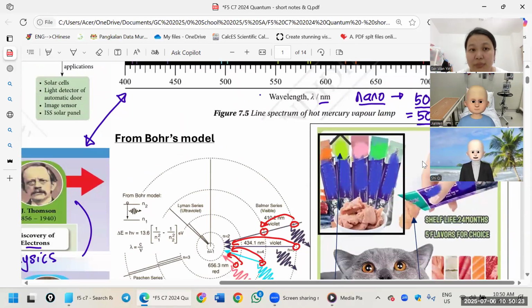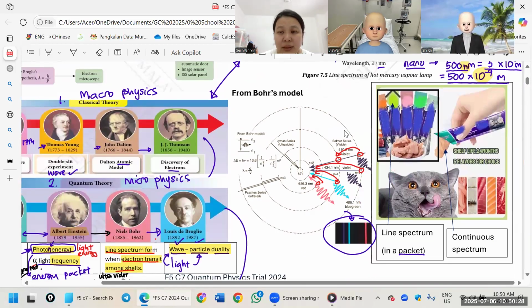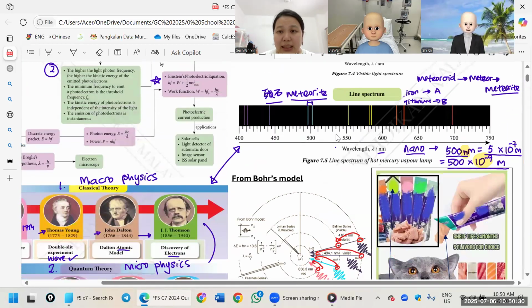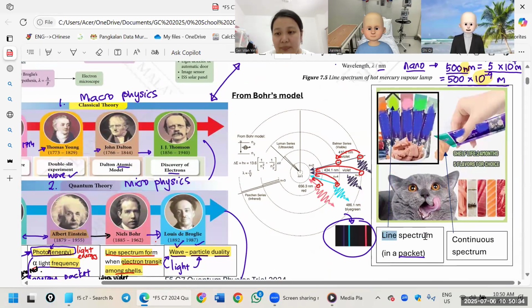Now we come to what an energy packet is. The light spectrum is like this. This energy packet is the light spectrum, and the continuous one is called a continuous spectrum.